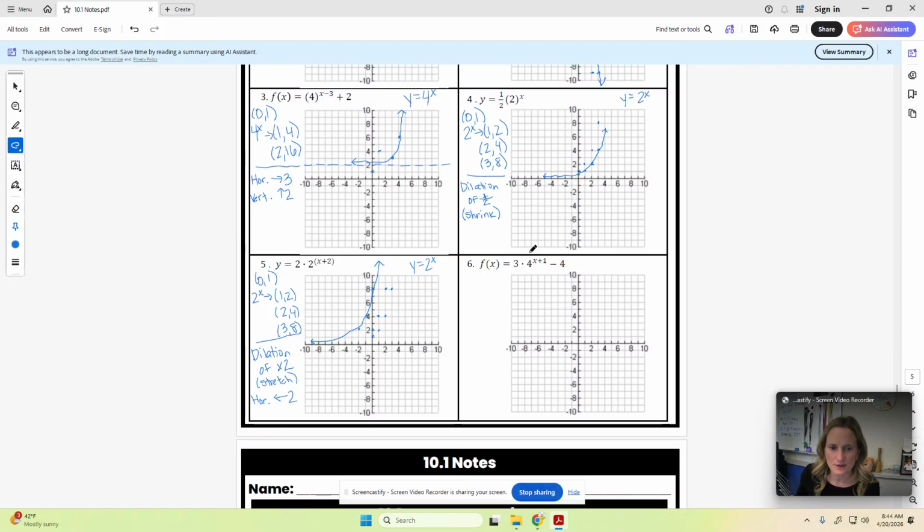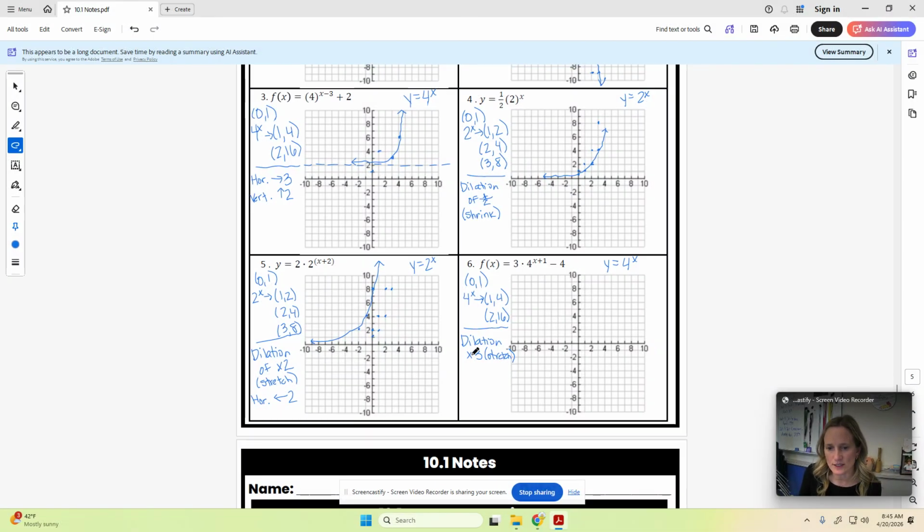Last example, our parent function here is a base of 4. So we're looking at (0, 1), and that parent function gives me these points. Same ones as up here in number 3. The transformations to this graph are a dilation of 3, which means it's stretching our graph.